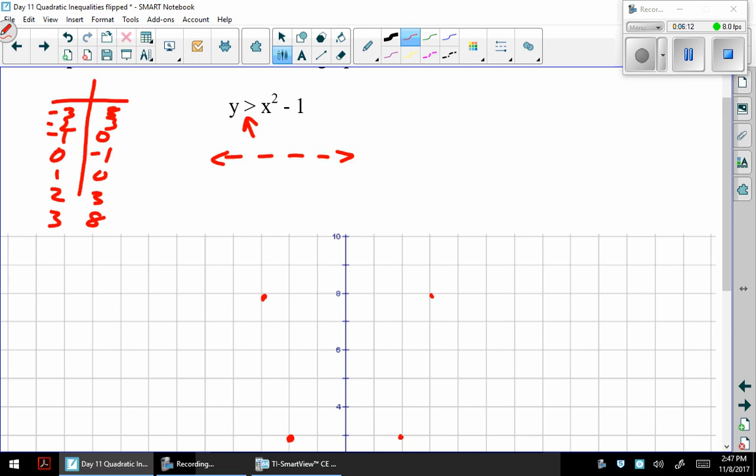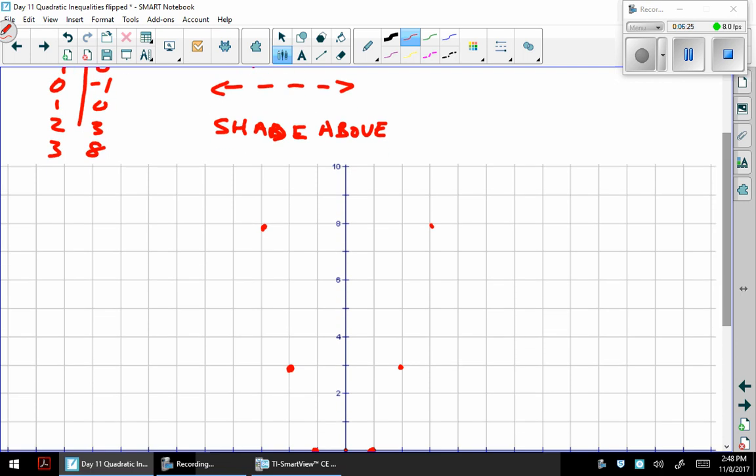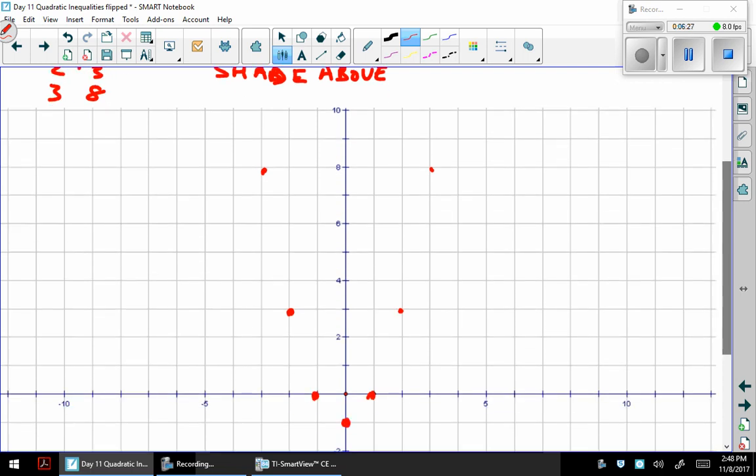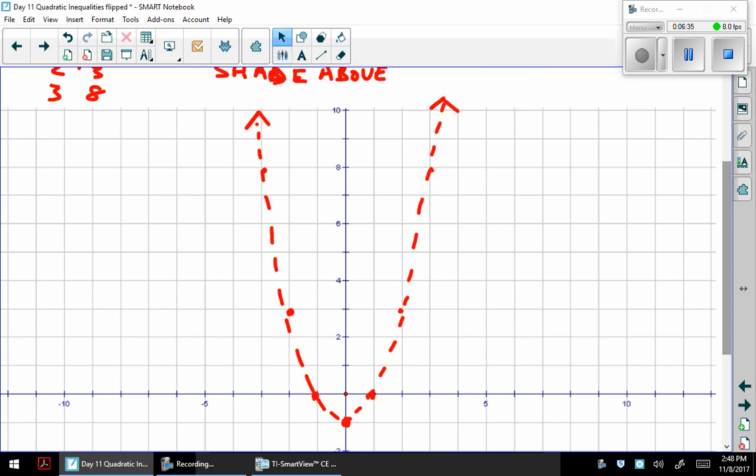And then greater-or, we're going to shade above. Okay, so I'm going to draw a dotted parabola. And I know it's going to be shaded inside, but here's the best thing: pick a point.